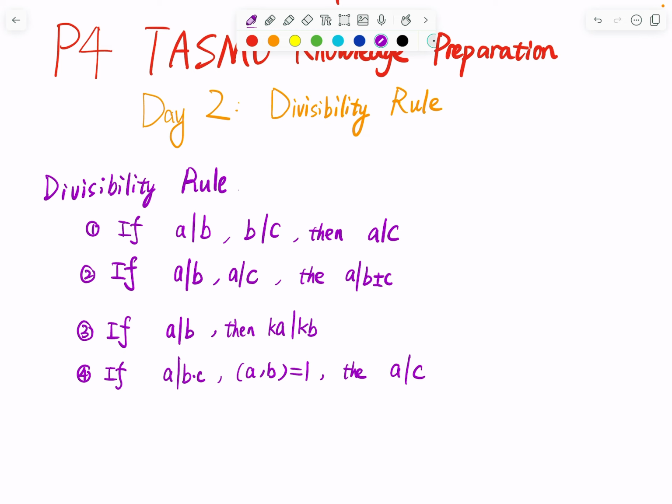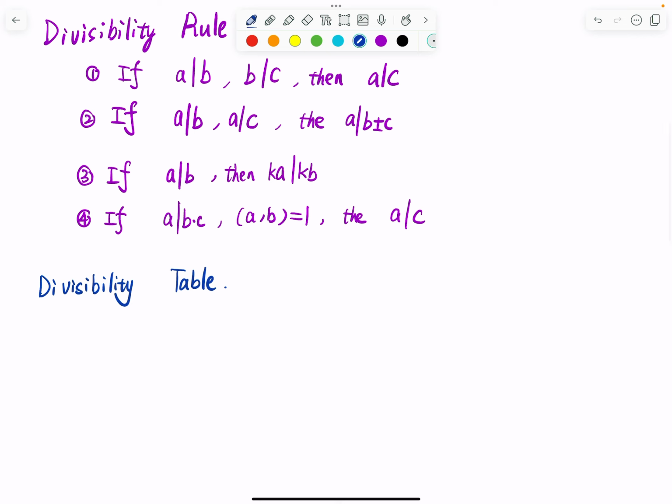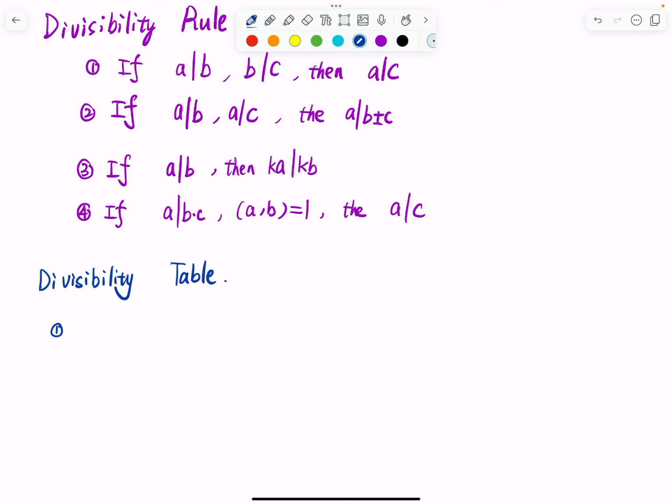Also, we have another one: how to determine whether a number can be divided by 3, 4, 5 or something else. So we have the divisibility table. Sometimes we just need to determine the last few digits. The first one is the last n digits.